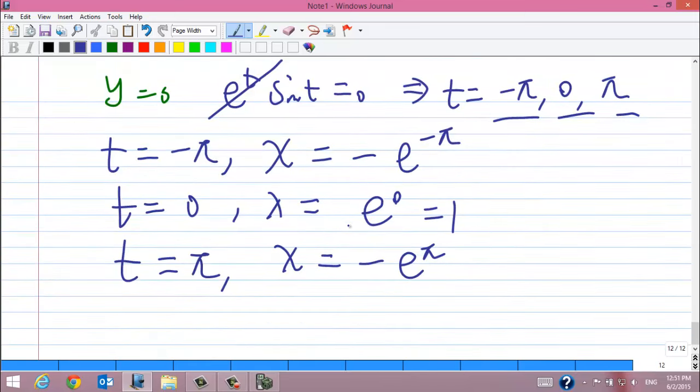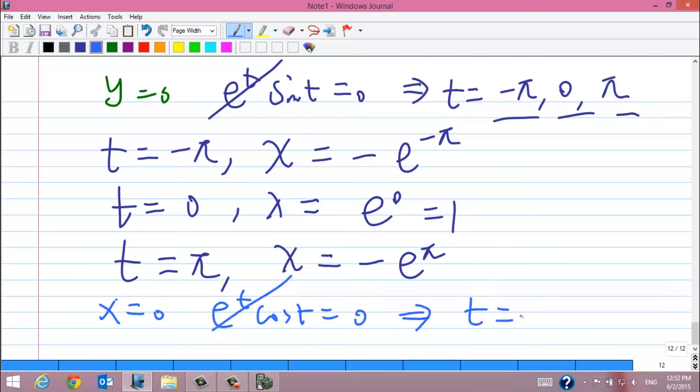Same thing. We need to write x equal 0. So you got e^t cosine t equal to 0. Same thing. So we got cosine t equal to 0, we got t equal to minus pi over 2 or pi over 2, right?